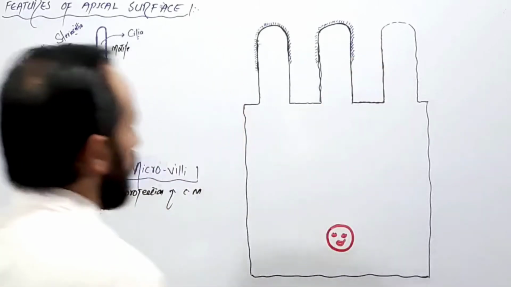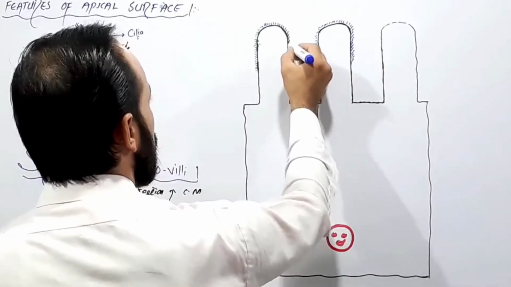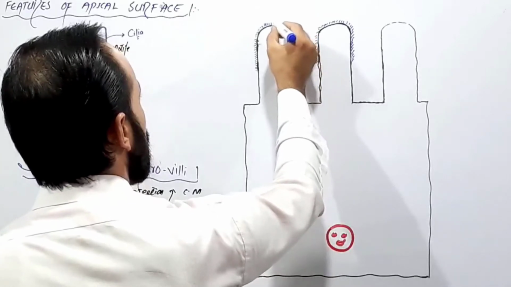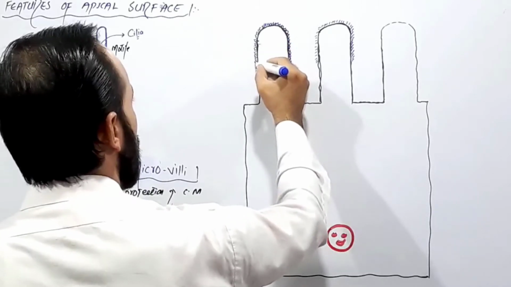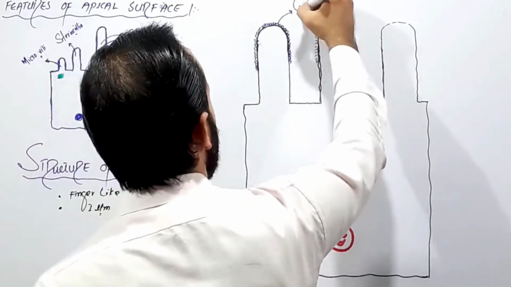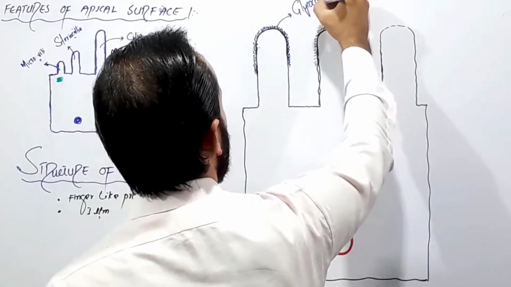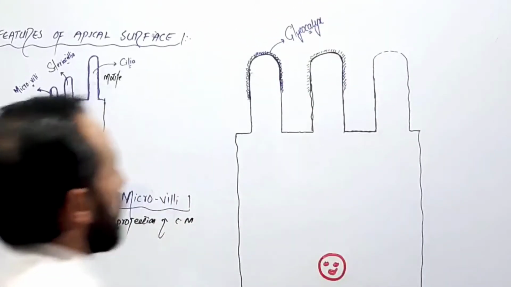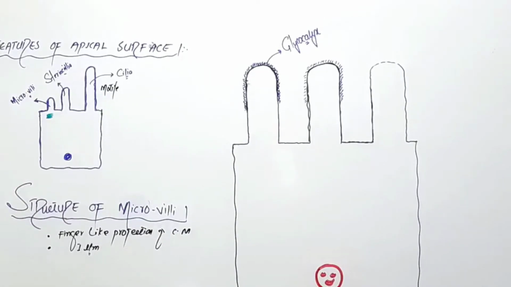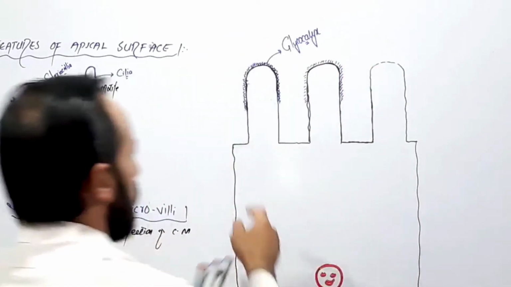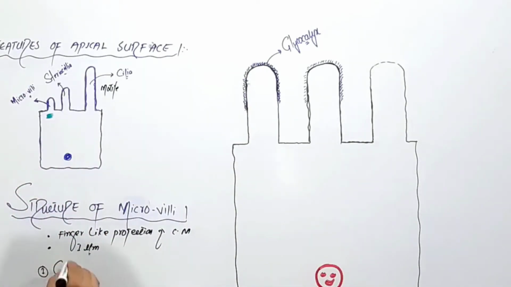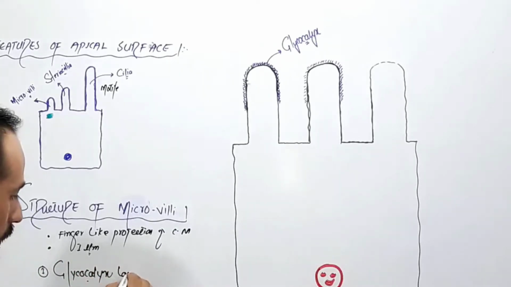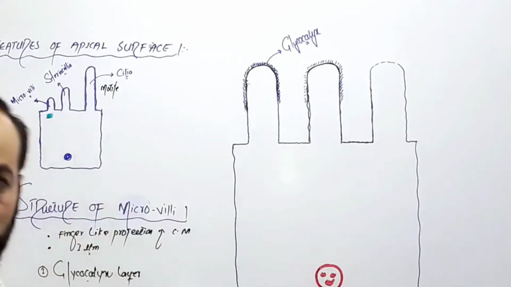First, on the surface of this microvilli there is a glycocalyx layer. These are carbohydrates, so they are present on the surface of these upward projections. The first thing that we discussed is the glycocalyx layer, and you have seen its location.